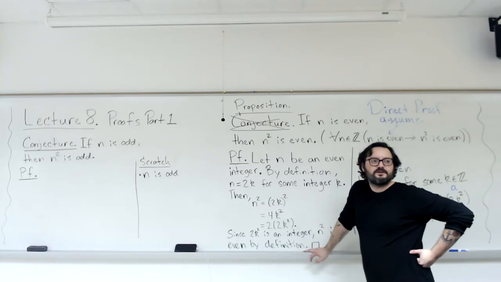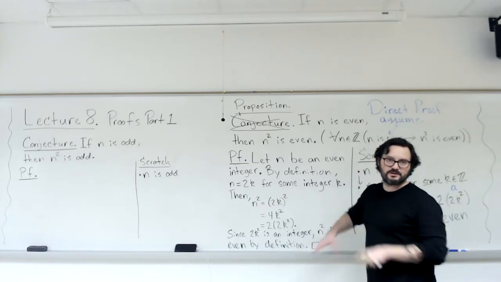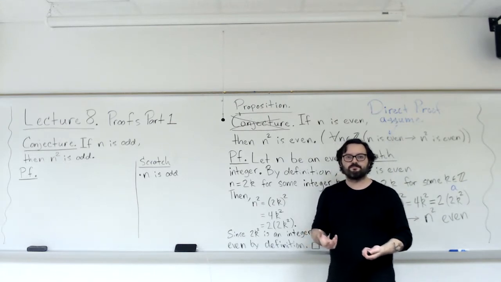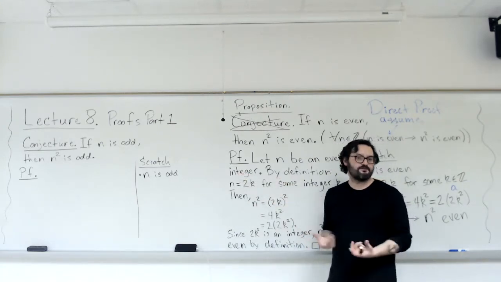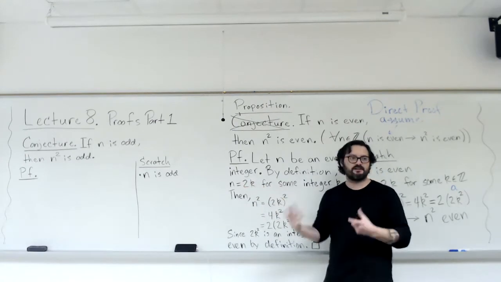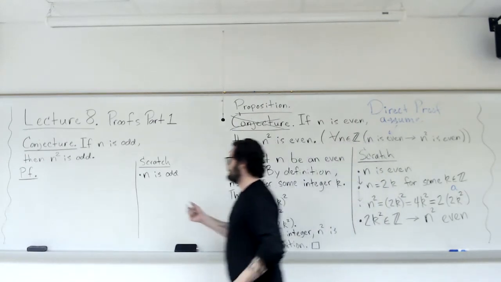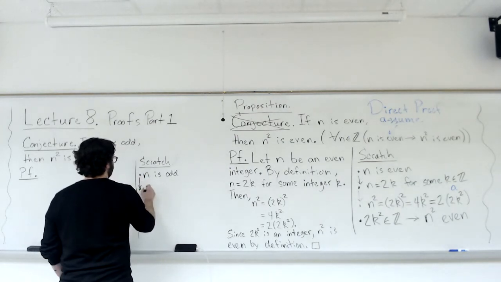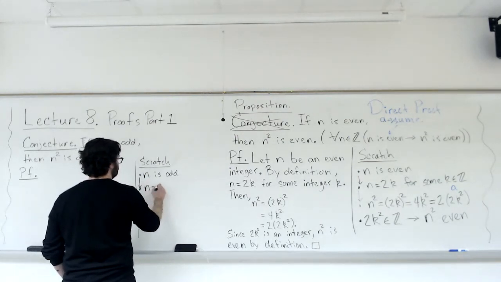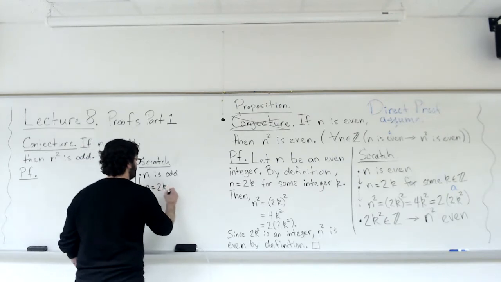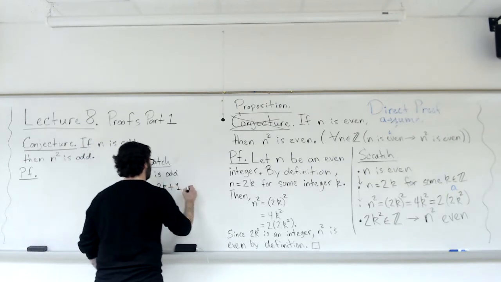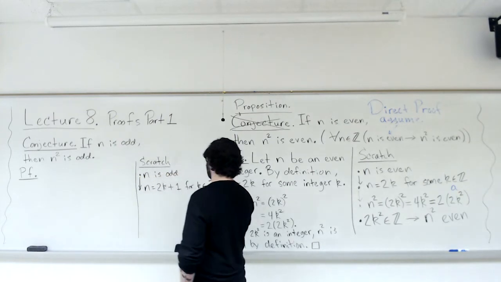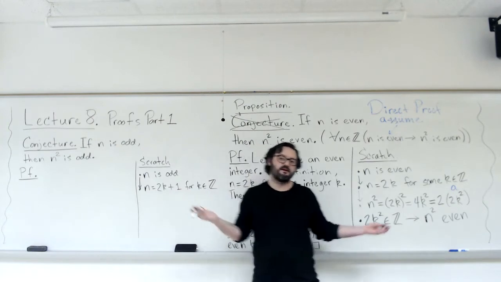We have to apply a definition. Typically, when you declare something to be true, you'll have a definition to work with. I declared that, so now I can use the fact that it's odd to write it in a certain way. There exists a number times 2 plus 1 equal to n. Exactly. So n is equal to 2 times some integer plus 1. And I'm using my scratch work, so I'm just going to write k in there, for some k.